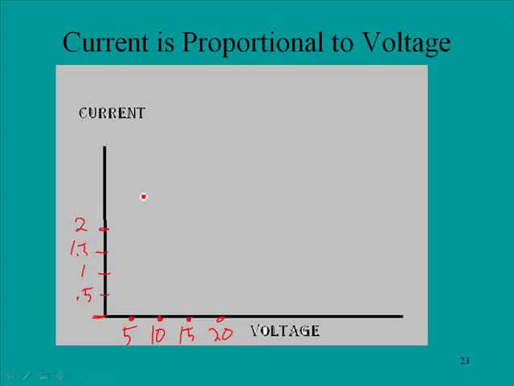And in our first scenario, we had applied 10 volts across 10 ohms, and we had 1 amp of current, about right there. The next one we applied 20 volts and we had 2 amps of current about there. And then we reduced the voltage on the last one, and we had 5 volts and about a half an amp of current right there. And if we were to graph this, we would see that it is linear. As voltage increases, current increases, and vice versa.